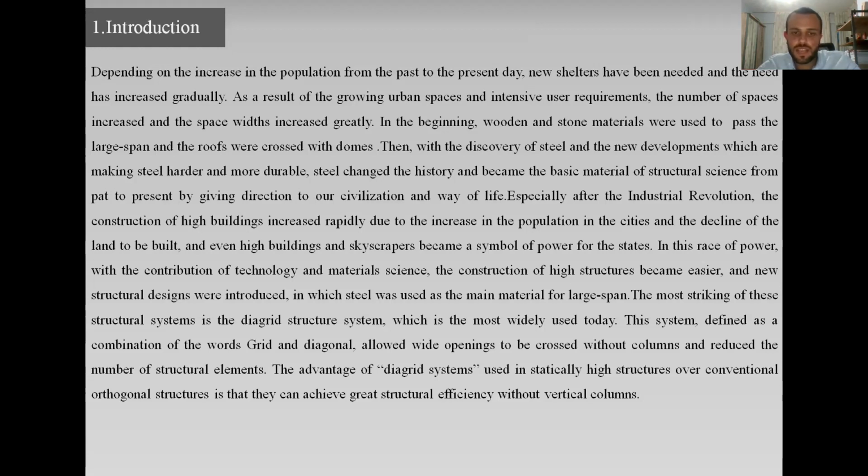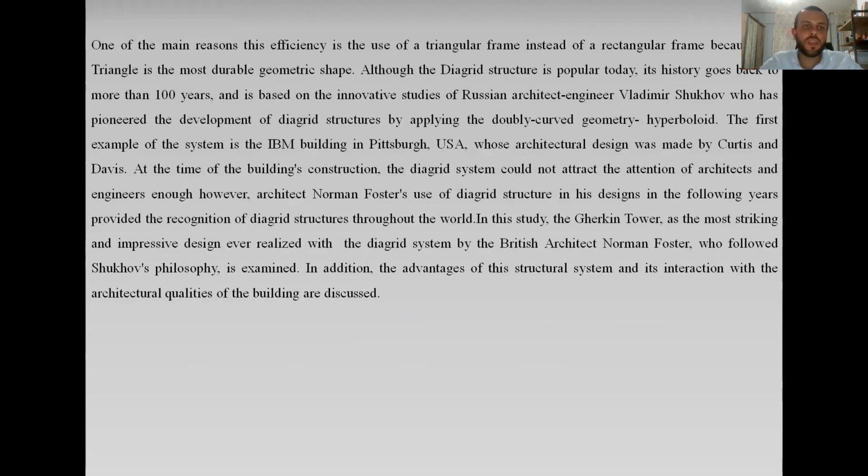The advantage of Diagrid systems used in statically tall structures over conventional orthogonal structures is that they can achieve great structural efficiency without vertical columns. One of the main reasons for this efficiency is the use of a triangular frame instead of a rectangular frame, because the triangle is the most durable geometric shape.